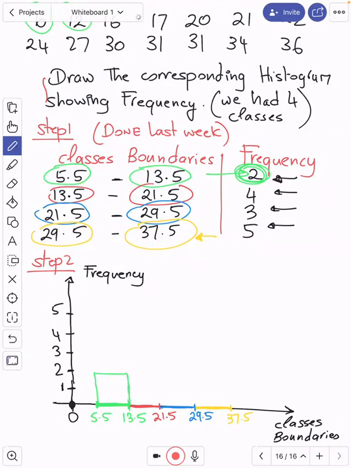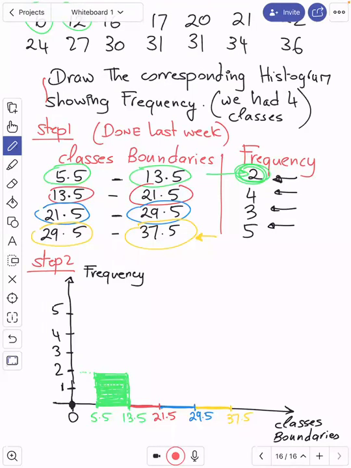The height of this rectangle is equal to 2, because the frequency of my first class is equal to 2.